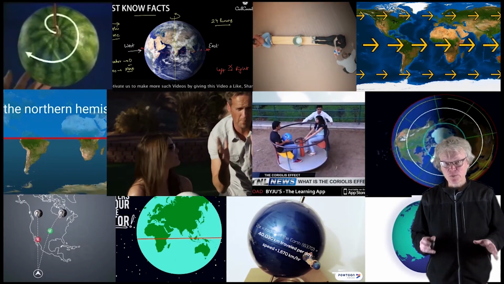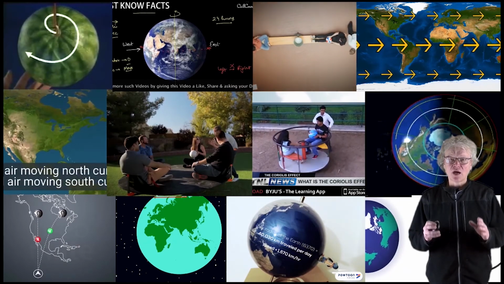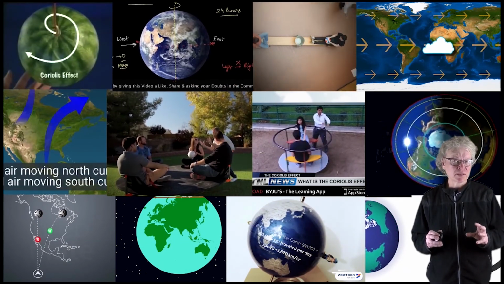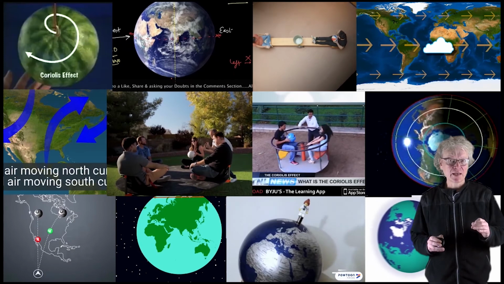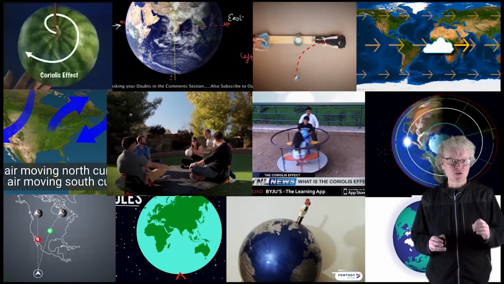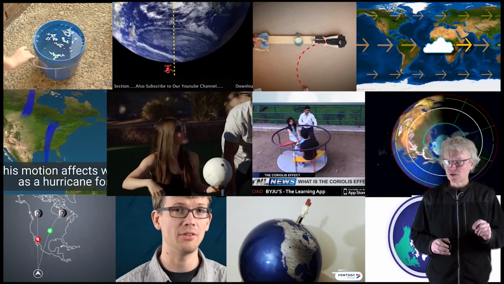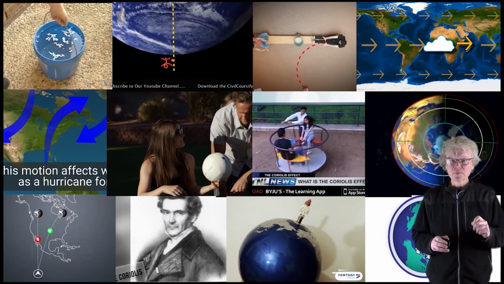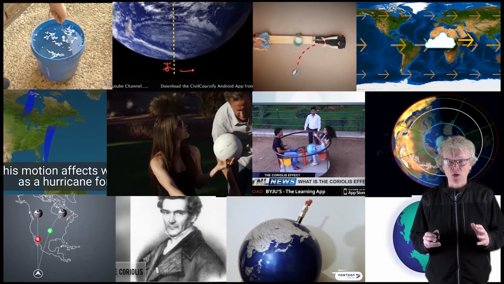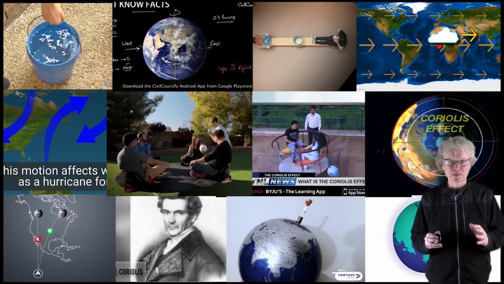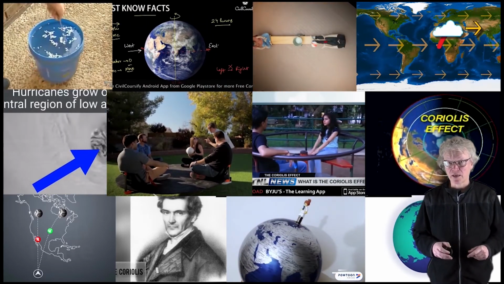And I've been to them all. I think I've found one of the simplest. It is clear, and I think it is the most useful. So rather than me rabbiting on, I'm going to play this video because it really does show what the Coriolis effect is. So let's watch that now.